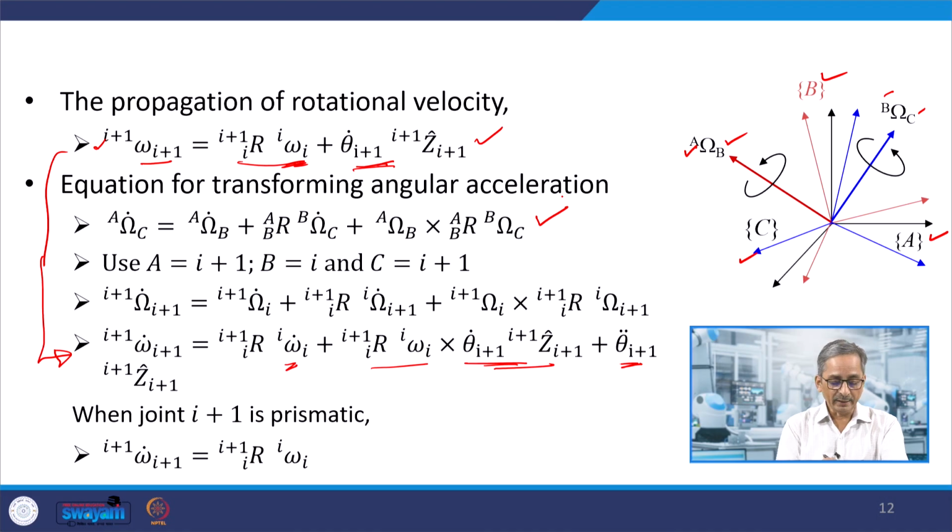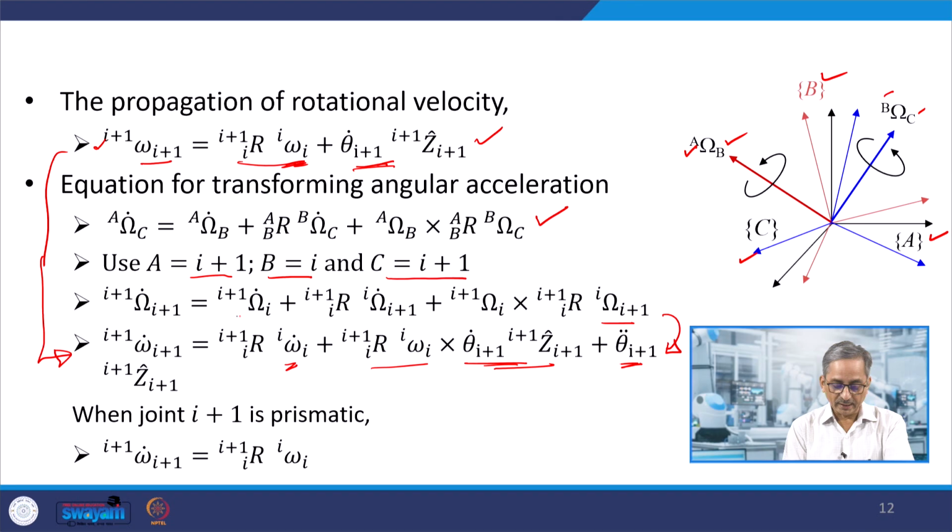In this equation, if I put the A frame as the (i+1)th frame, the B frame as my ith frame, and the C frame again as the (i+1)th frame, I get nothing but the same equation which I just discussed with you.